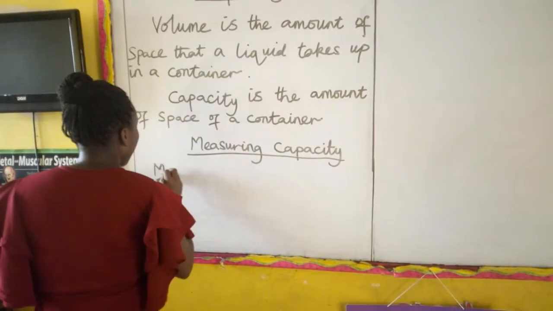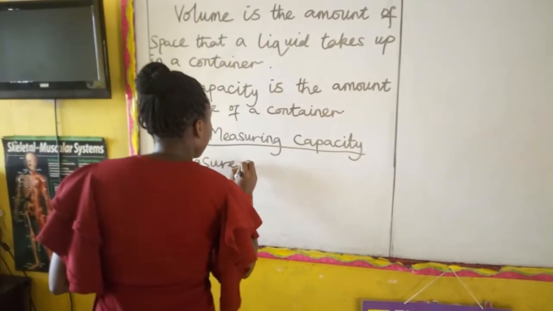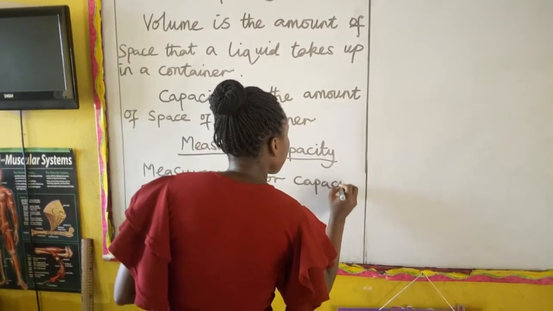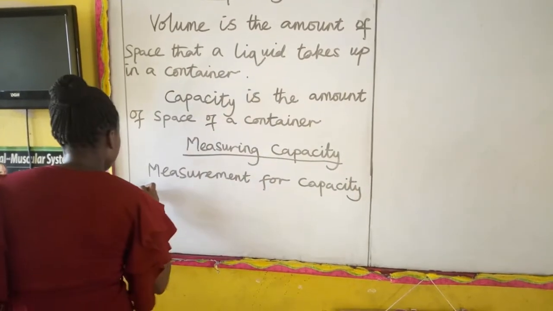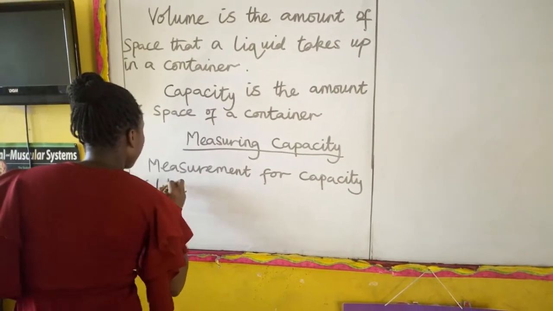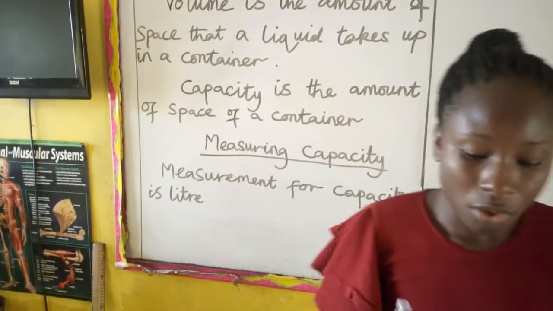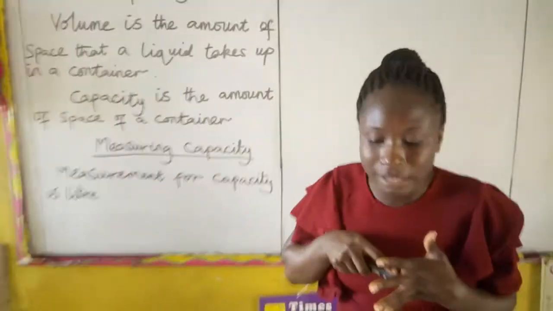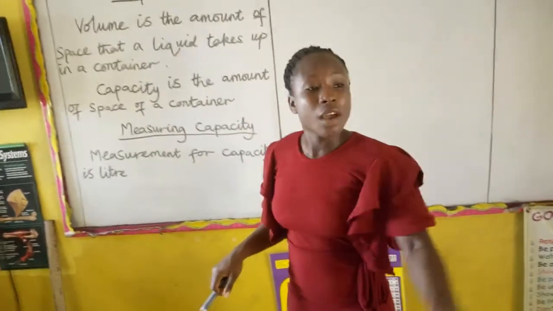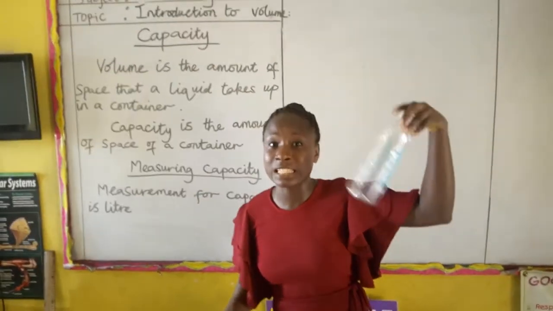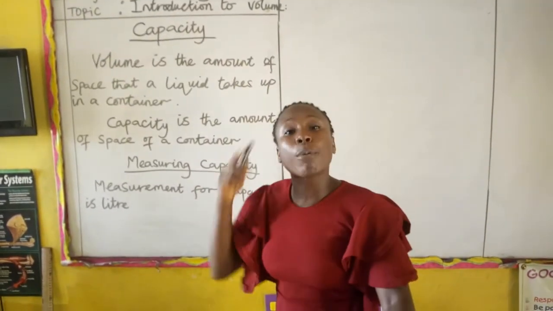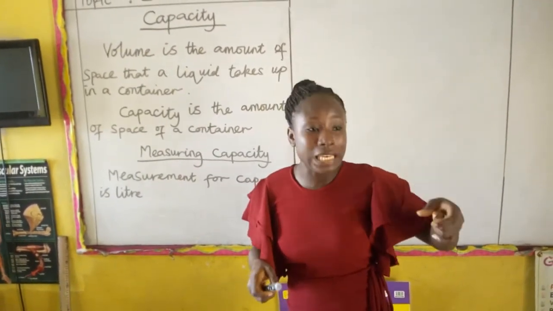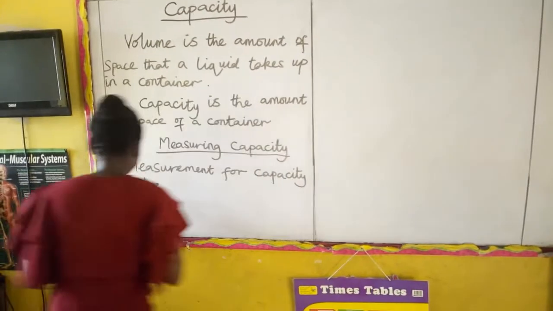So the measurement for capacity is liter. We have kiloliter, we have liter itself, we have milliliters, and we have centiliters. Most of our bottles in Nigeria are in centiliters, especially for water. But for drugs, you've seen your drugs before, right? There is ml there, that is milliliter. So you see them like this.